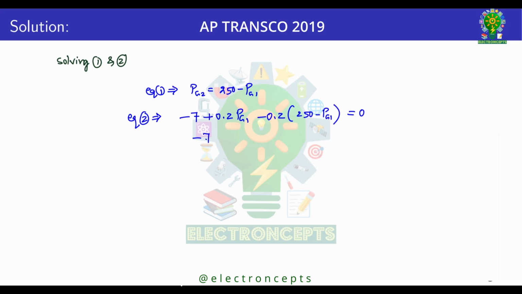Solving this step by step, minus 7 plus 0.2 Pg1 minus 50 plus 0.2 Pg1 is equal to 0.